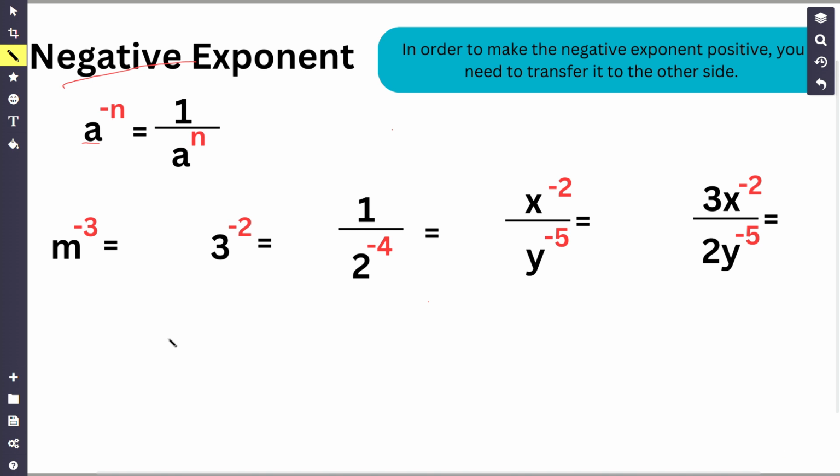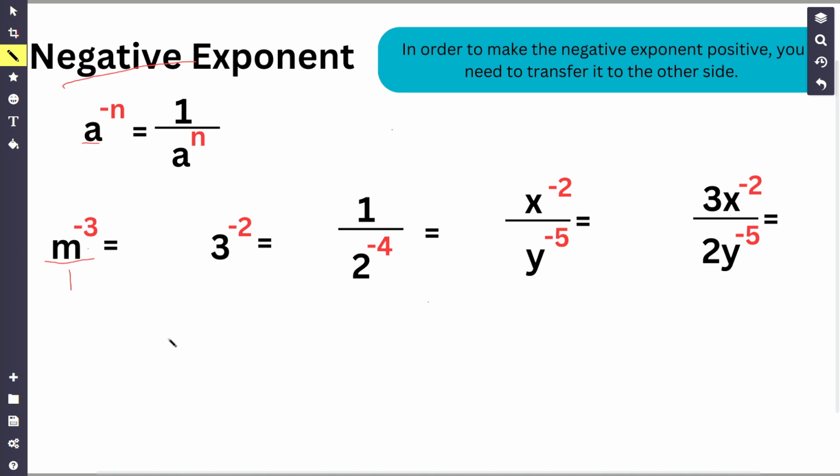As simple as that. To further illustrate this rule on negative exponent, let's have more examples. Let's say we have here m raised to negative 3. We just have to take note that every number, value, or expression always has a denominator of 1.